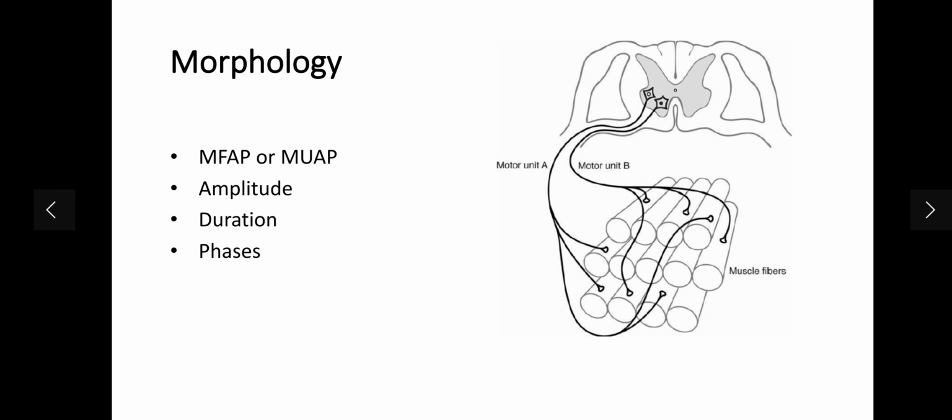We will start with the morphology. If you remember from the anatomy, you have the anterior horn cell and its axon that's attached to many muscle fibers, and together they form the motor unit. So a motor unit is the anterior horn cell, the axon, and the attached muscle fibers.